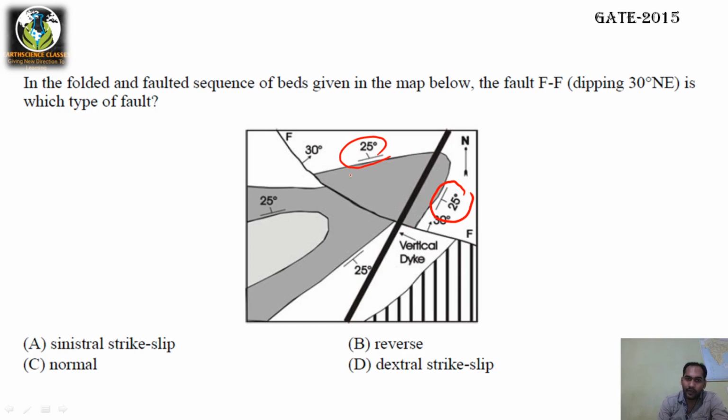That means if this block is not faulted, it can be like this, and it is dipping away from each other. When the block is not faulted, it might be like this. So let me draw a diagram like this.